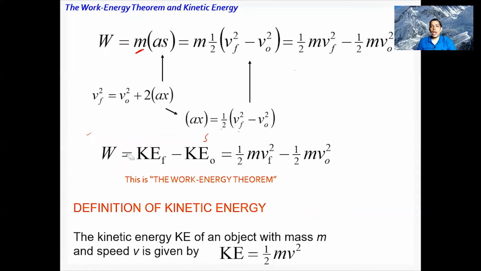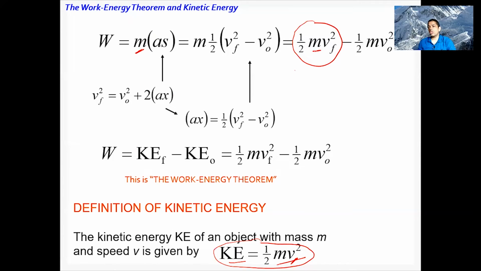All right, so now what is kinetic energy? Kinetic energy of an object with mass m and speed v is given by this formula, as you might be familiar with. So kinetic energy is given by 1 over 2 mv squared, where m is the mass of the object which is moving, and v is the speed of the object in motion. Okay, this is the definition of kinetic energy. Now, can I say this is the final kinetic energy?